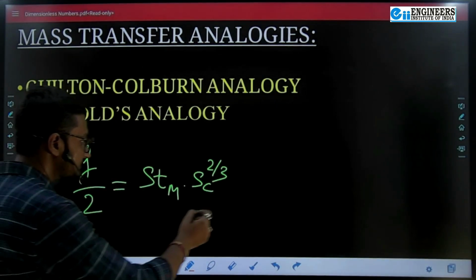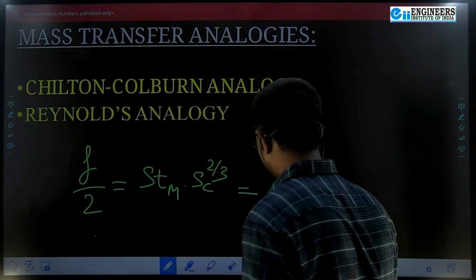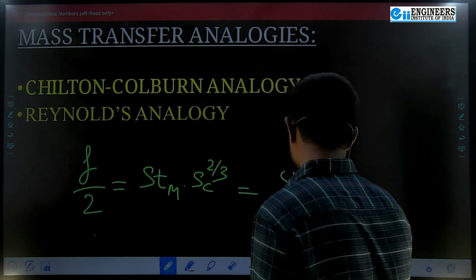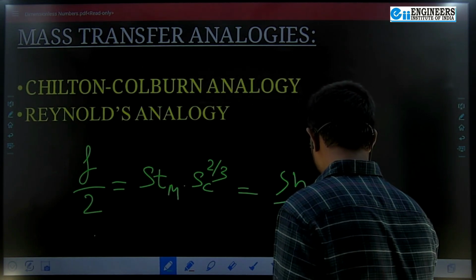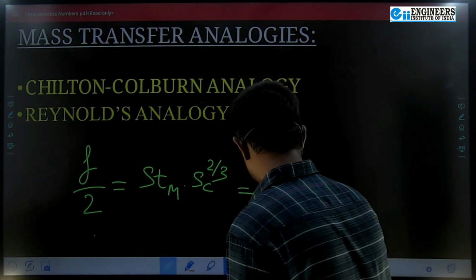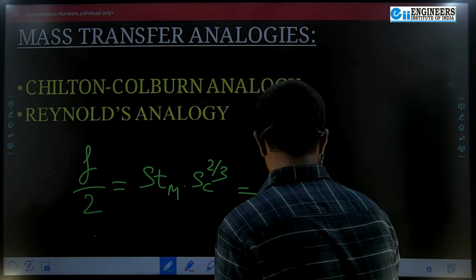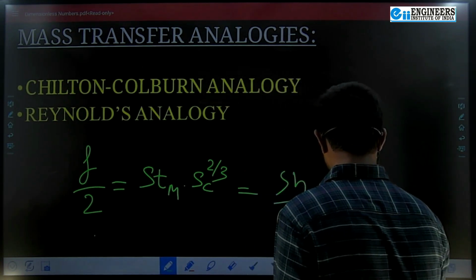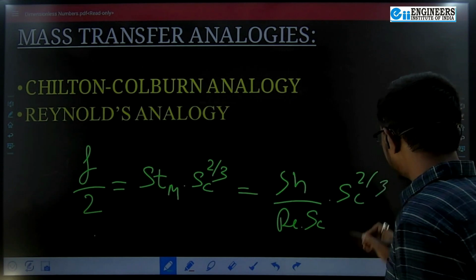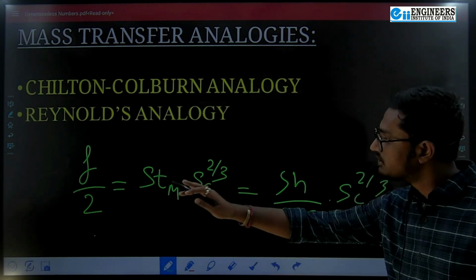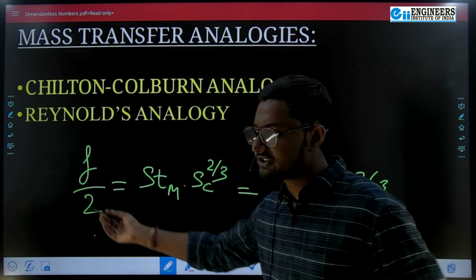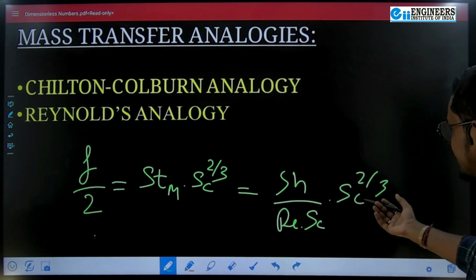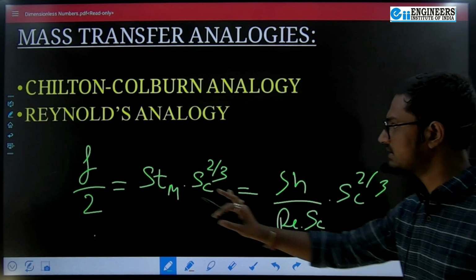This in turn comes out as, the Stanton number is what? Sherwood number divided by Reynolds number into Schmidt number, that is the Peclet number, times Schmidt number to the power 2 by 3. So this is the relation that provides us a relation between the friction factor, the Sherwood number and all the dimensionless numbers.